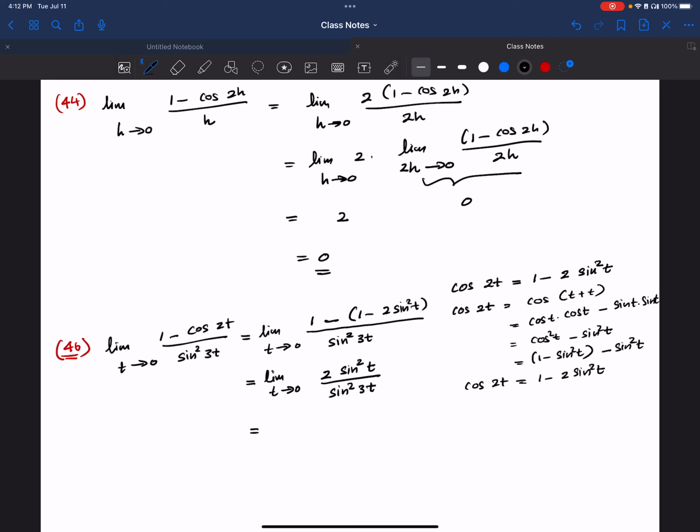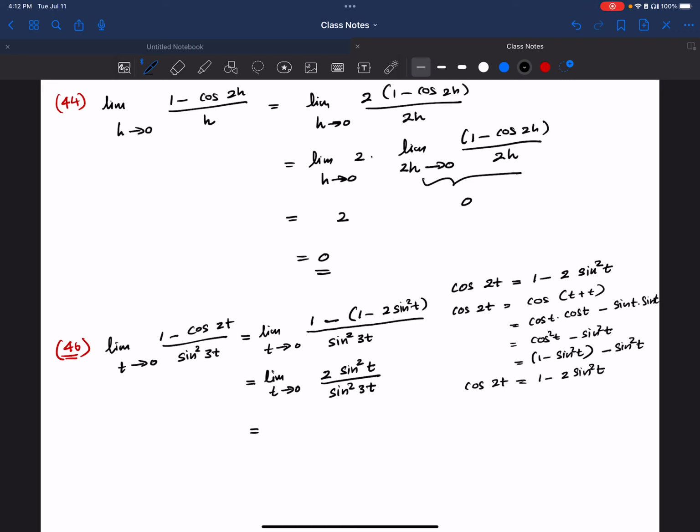Then we can break this up into sine t over t, two terms.